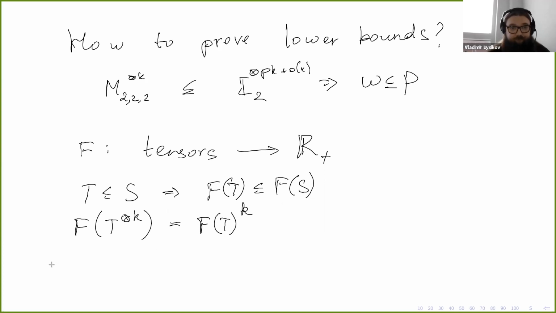Then we can use this map to get obstructions for getting restrictions between tensors.